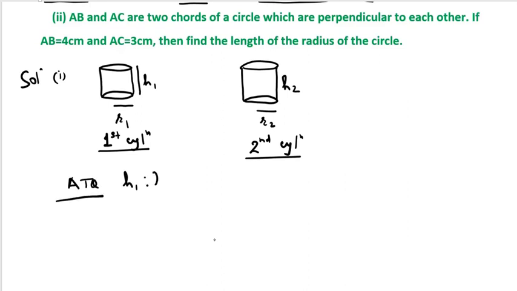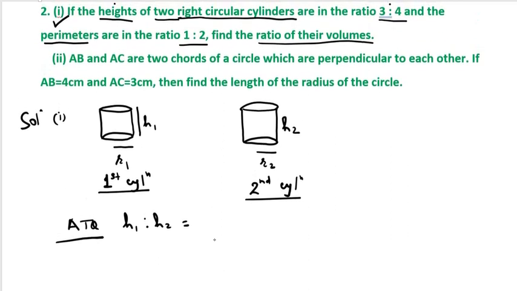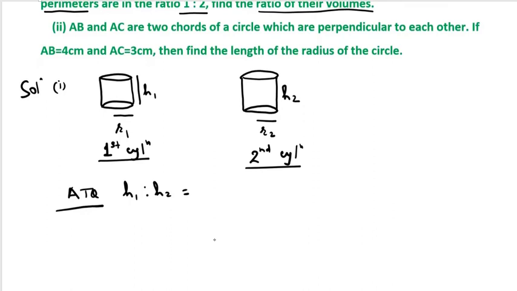First ko height ra second ko height ko ratio is given how much? 3:4. Okay, 3:4 दिएको छ. So this can be written as ratio लाई हामी पाई गरेर लेख्न सक्छ, that we know. Okay, यति लेख्छु मलाई. So this is मेरो लागि equation 1.